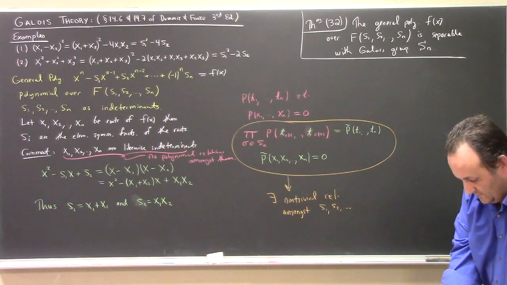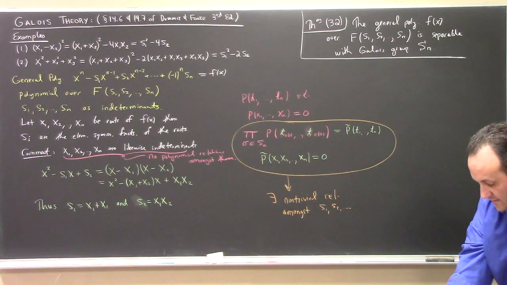He says, this result says that if there are no relations among the coefficients of a polynomial of degree n, and that's what we mean when we say the Si are indeterminates, then the Galois group of this polynomial over the field generated by its coefficients is the full symmetric group. And he says, loosely speaking, this means that generic polynomials of degree n will have Sn as a Galois group.